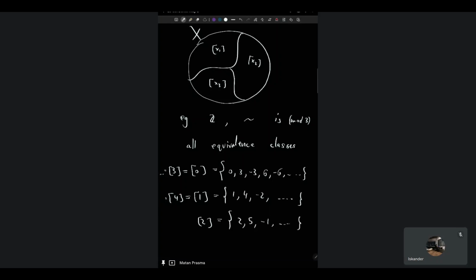Okay, so this is kind of a canonical way to write equivalence classes.